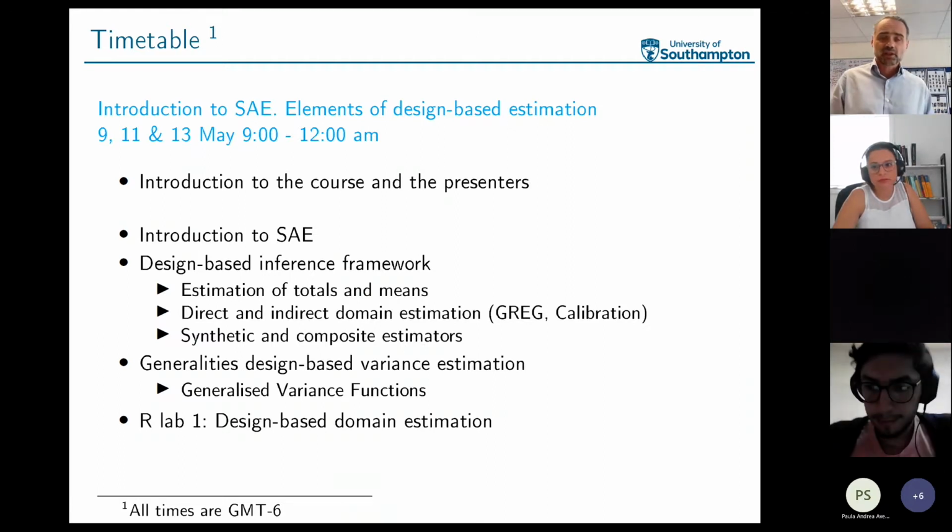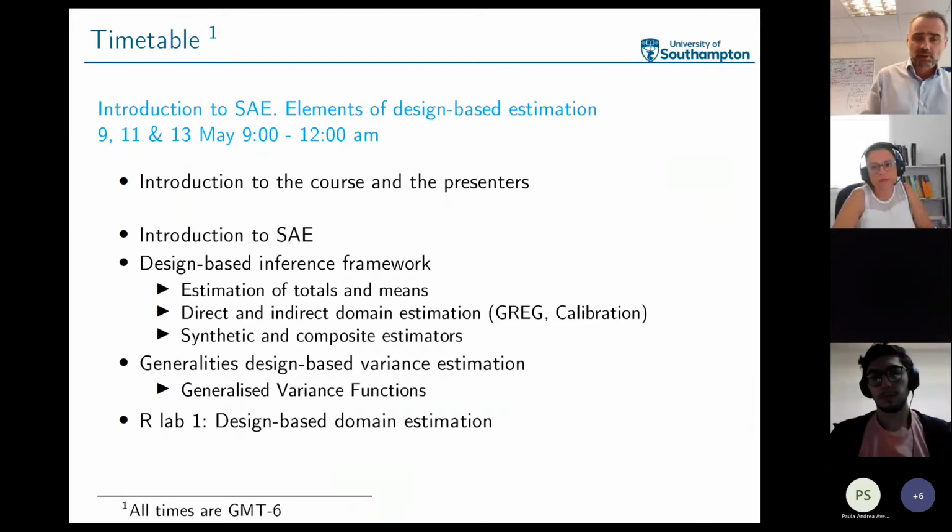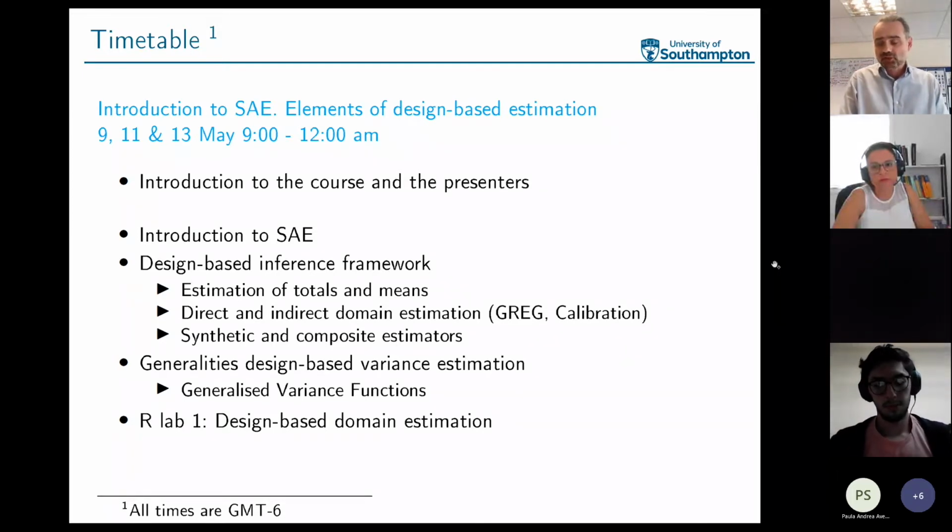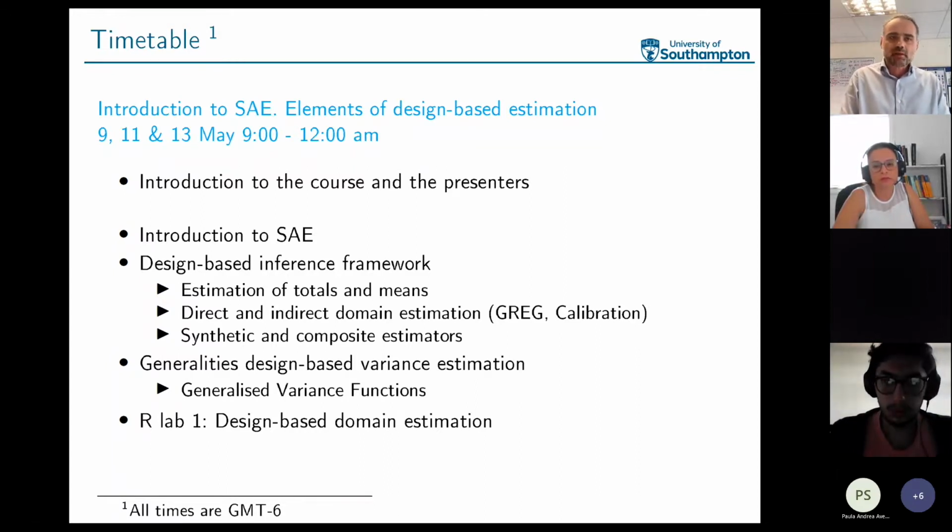And the reason for that is that the properties of design-based estimators are well known, and in most cases they have properties that are very desirable from the point of view of a National Statistical Office.